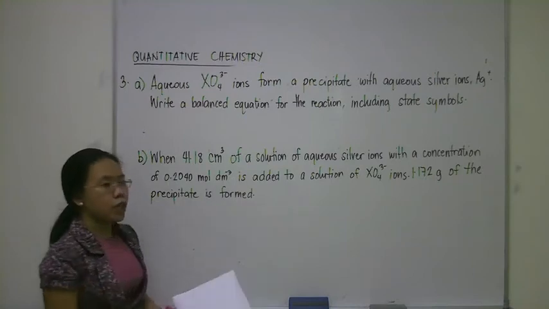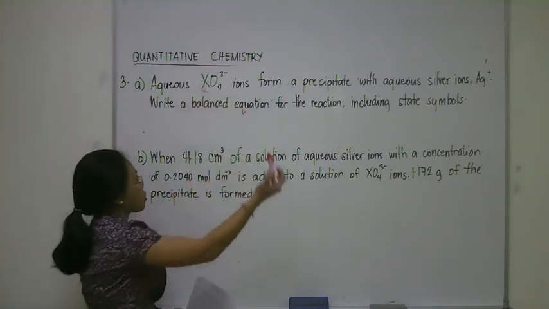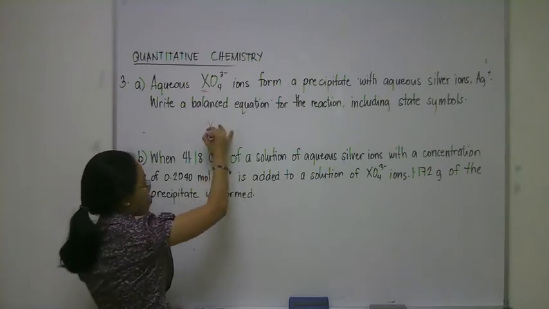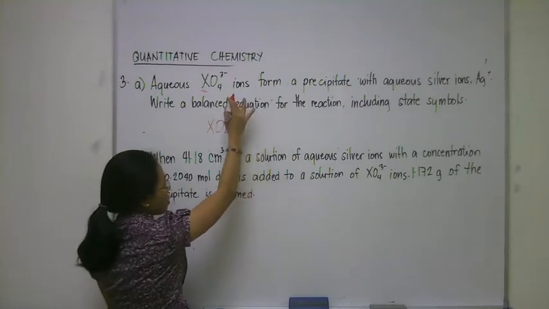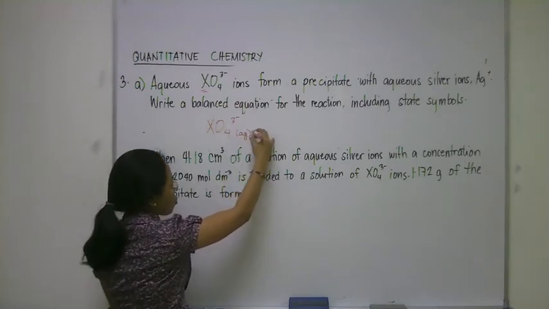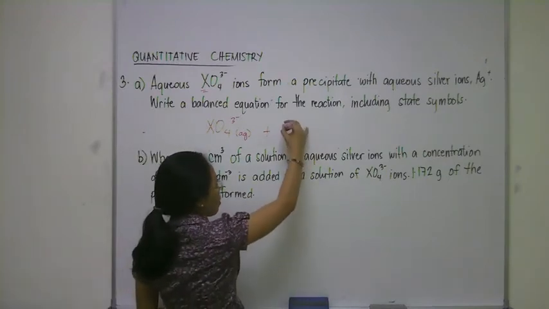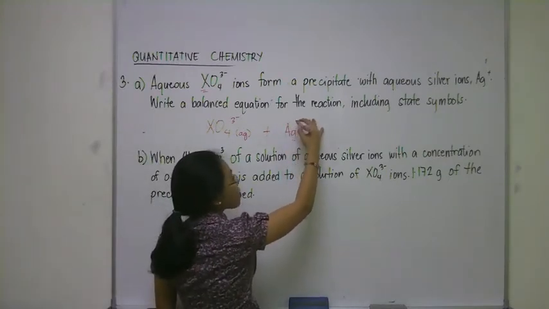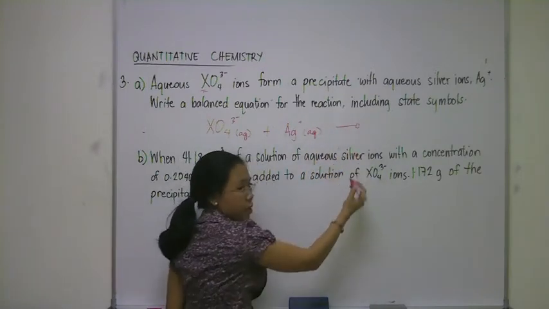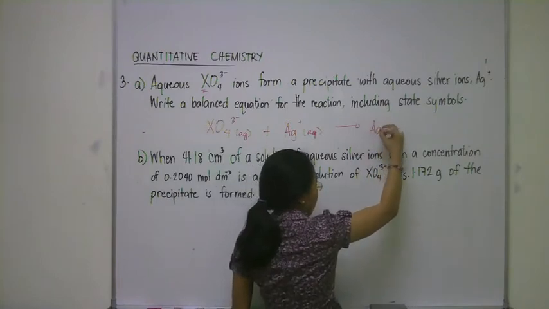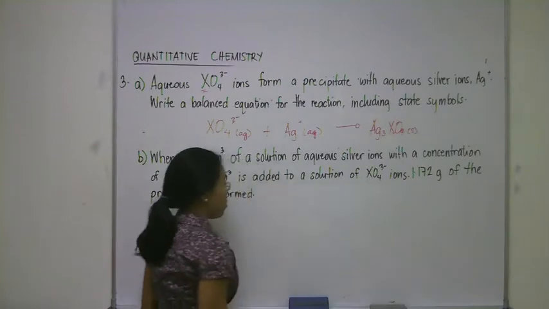So, obviously, you don't know the identity of your element, hence it's X. So, you have here XO4 3 minus. Since it is aqueous, it reacts with silver ions, positive, which are aqueous as well, forming a precipitate, Ag3XO4, so it's solid, okay?